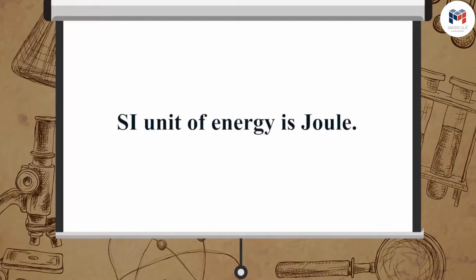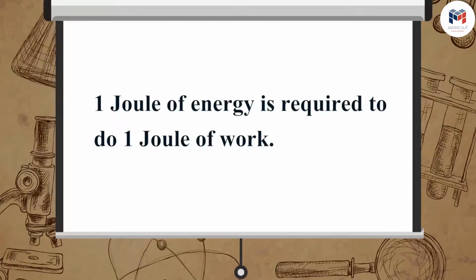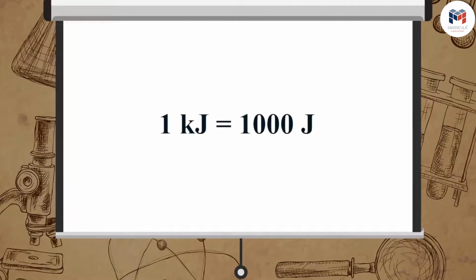The SI unit of energy is that of work, which is joule. We can say 1 joule of energy is required to do 1 joule of work. Energy also has a larger unit, kilojoule. 1 kilojoule is equal to 1000 joule.